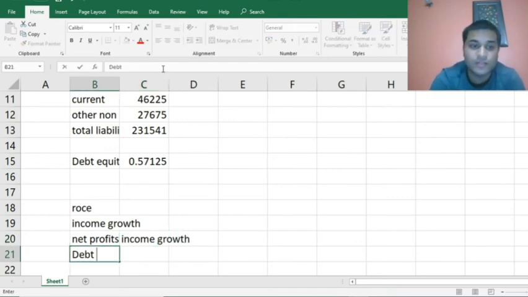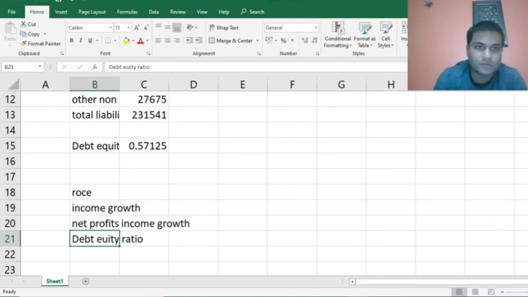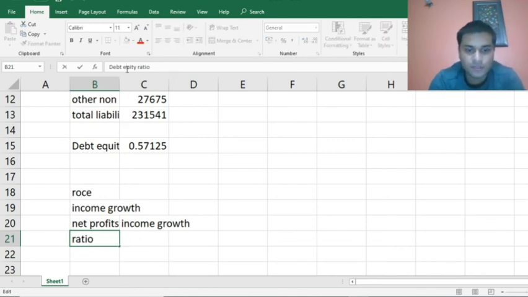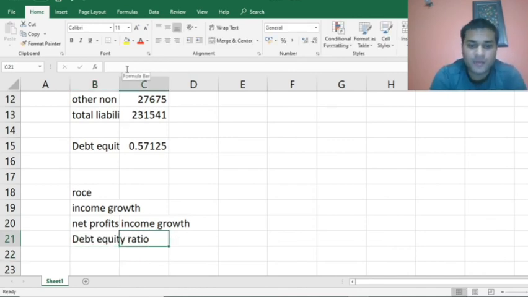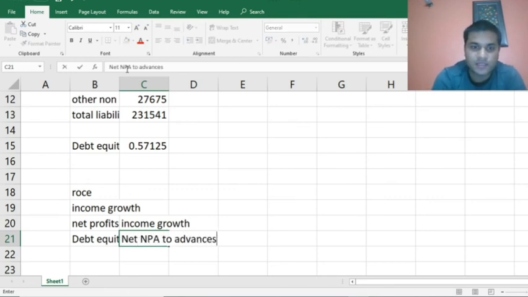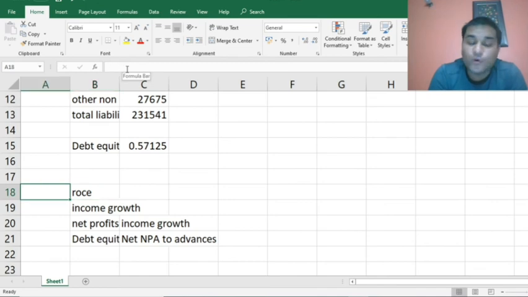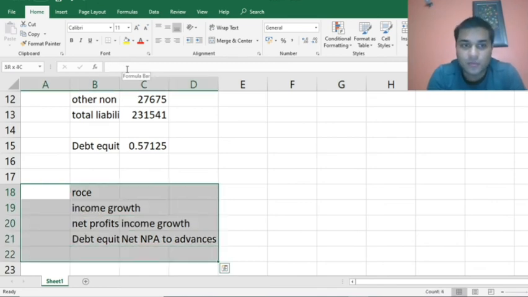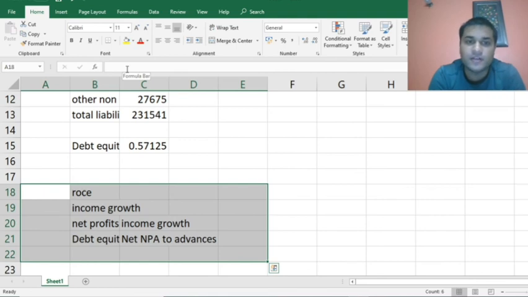Then we have looked at the debt equity ratio, and net NPA to advances. We have had four full concepts. The working for the debt equity ratio we missed in our last video because of the time constraint. I have explained it properly in this video. You can really work with these four indicators.